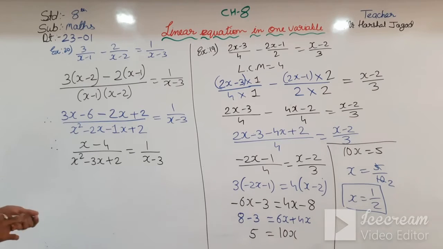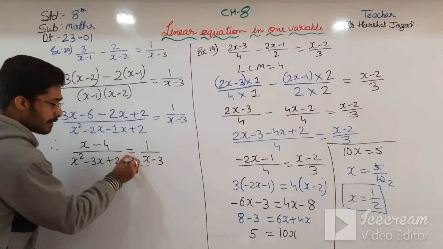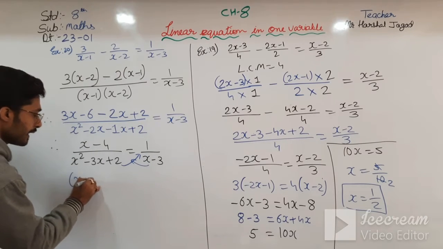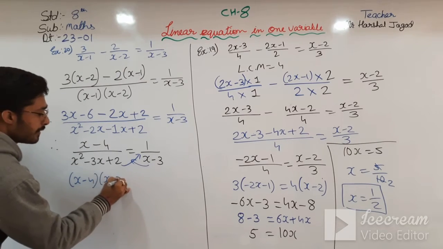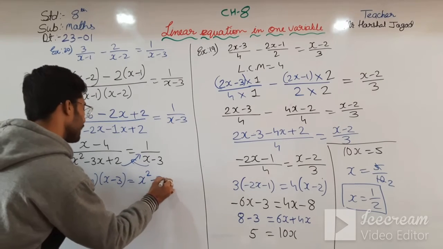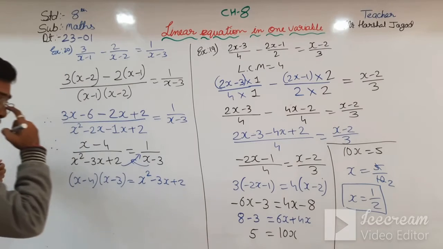Okay, so what we do here, we take this to this side and this to this side. So x minus 4 into x minus 3 is equal to x square minus 3x plus 2.